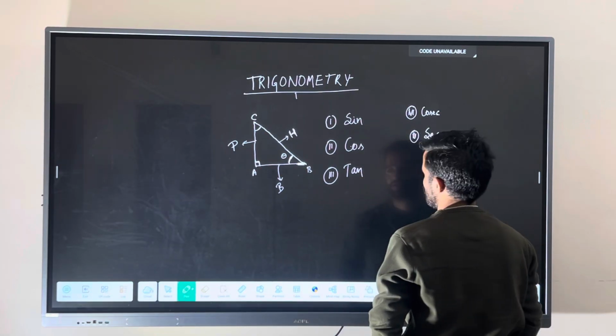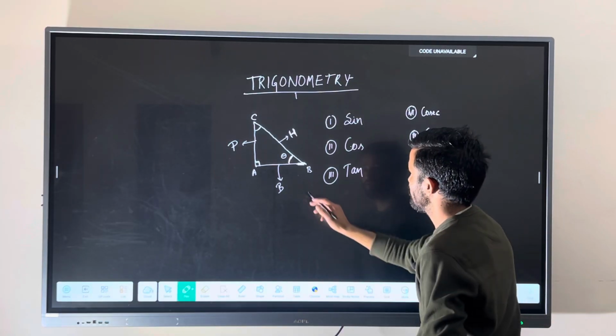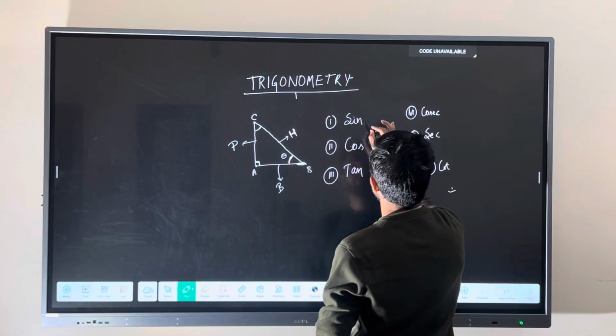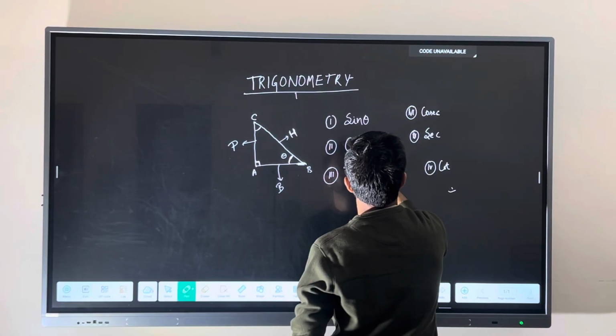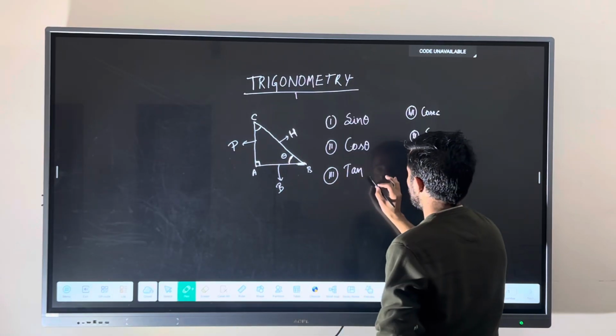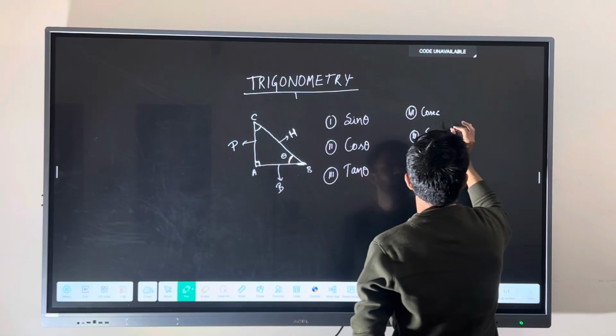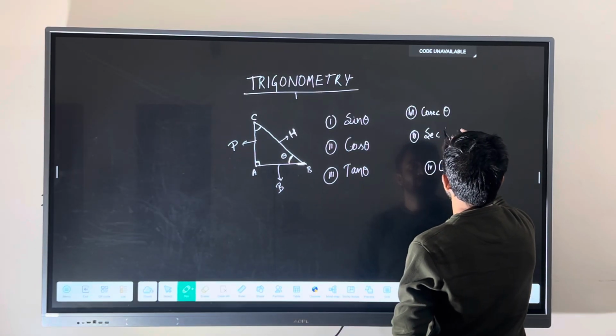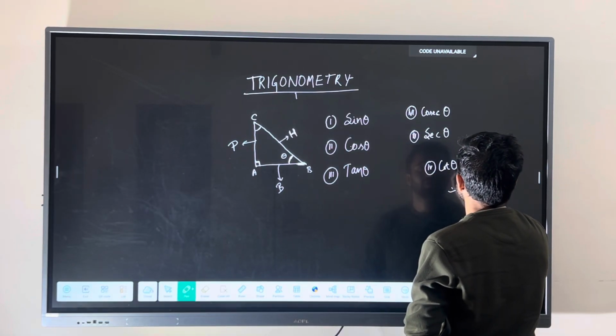Okay, so we are considering angle theta: sine of angle theta, cos of angle theta, tan of angle theta, cosec of angle theta, sec of angle theta, and cot of angle theta.